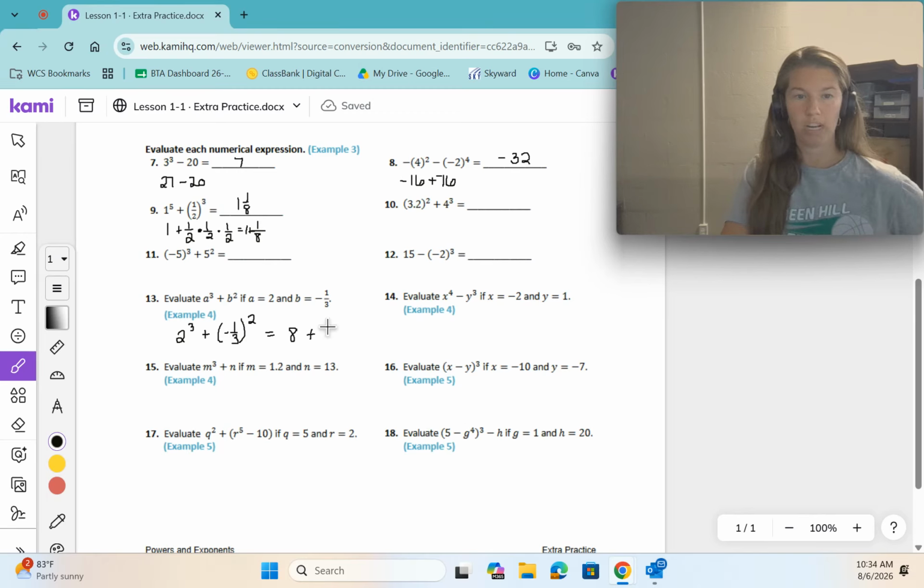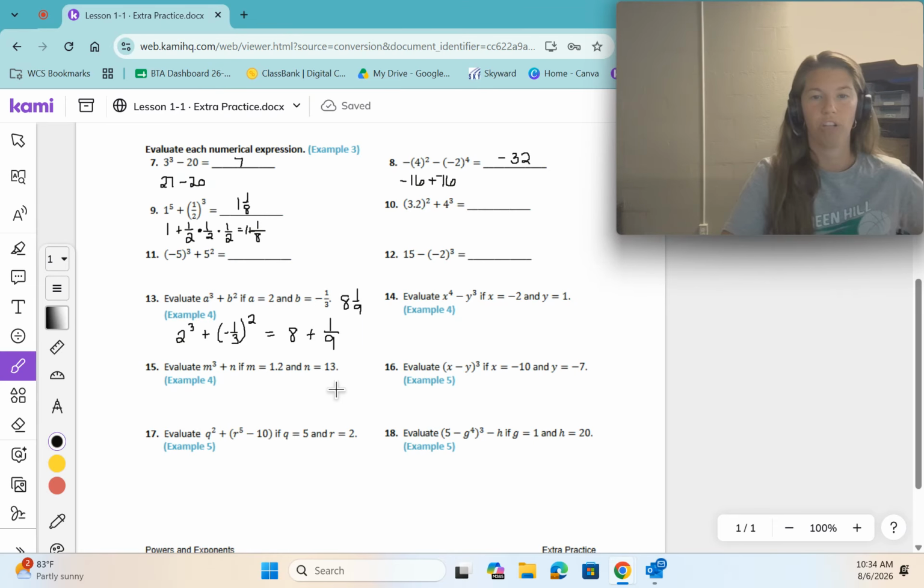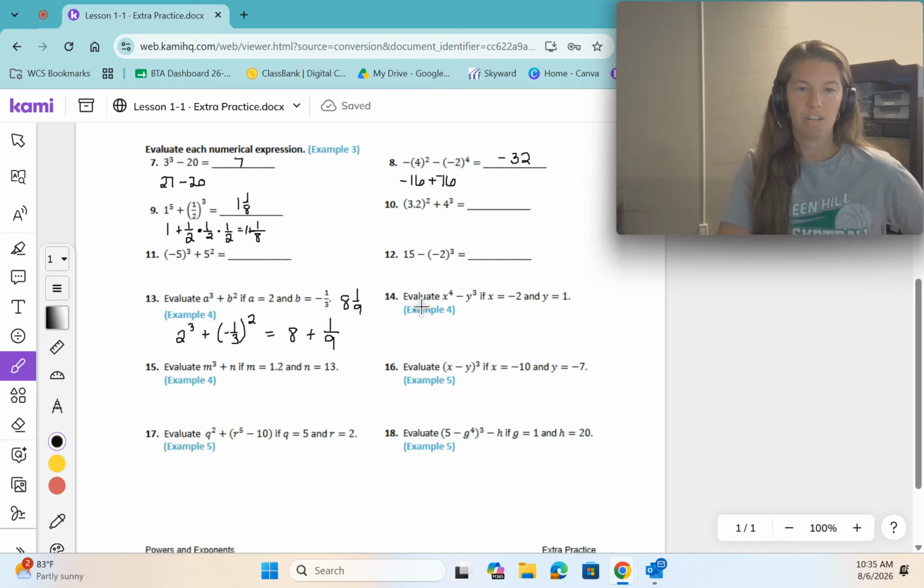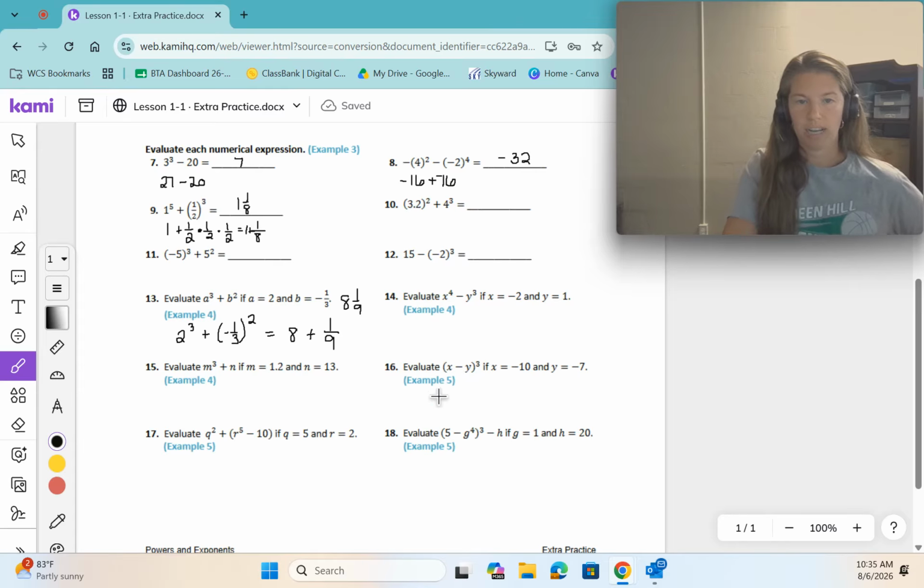So 1 times 1 is 1, and negative times a negative is a positive, and then 3 times 3 is 9. So that's 1/9, which means 8 and 1/9 is our numerical answer. And then there's 2 more just like that.